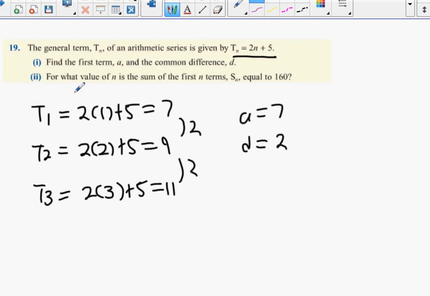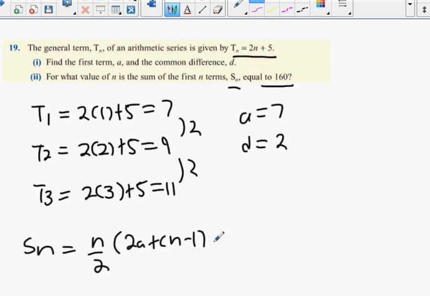Okay. For what value of n is the sum of the first n terms equal to 160? Now this one's a different type of one. You're going to actually have to do a quadratic equation, okay? So you write down your Sn formula because it says Sn. Then once you do that, you're going to have to put in your a and d values.